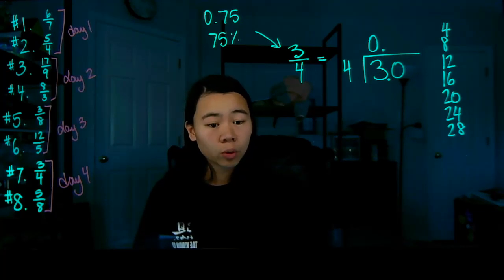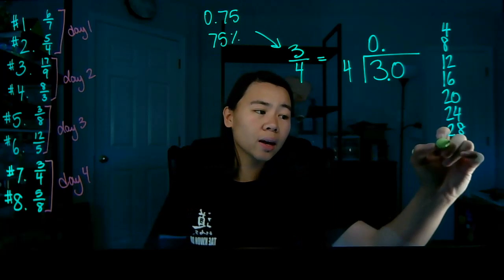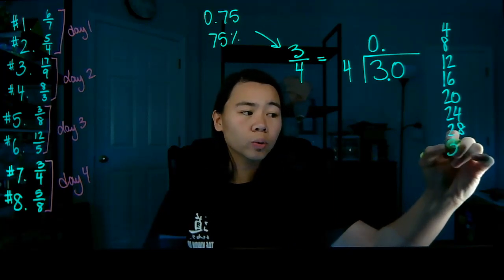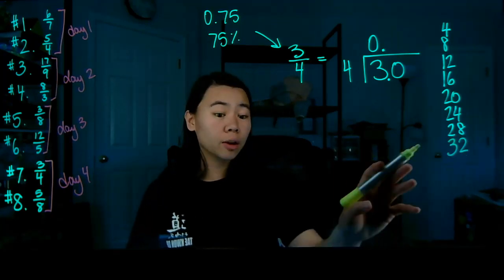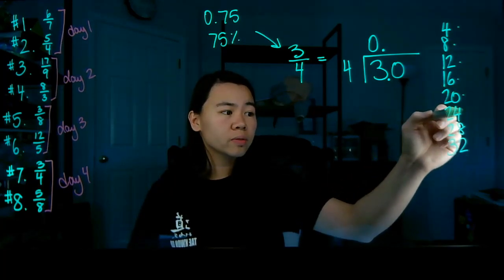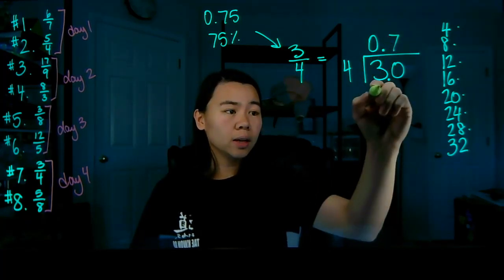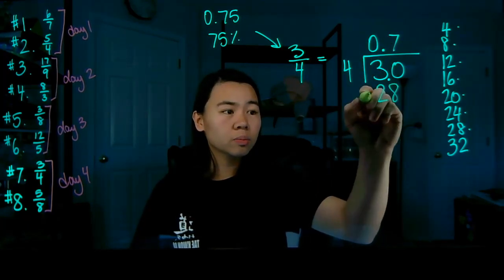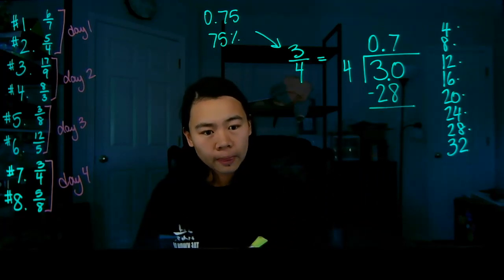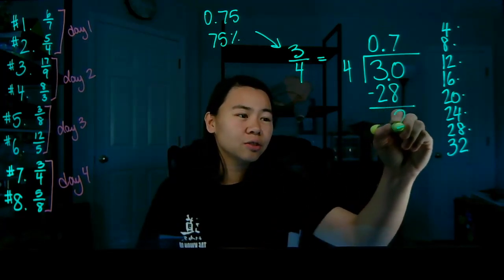How many times can 4 go into 30? We're really close, so I want to add one more multiple of 4, just to be sure. I know that's too many, so 28. 1, 2, 3, 4, 5, 6, 7. 7 times. 7 times 4 is 28, so that is what I'm subtracting. 30 minus 28 is 2.